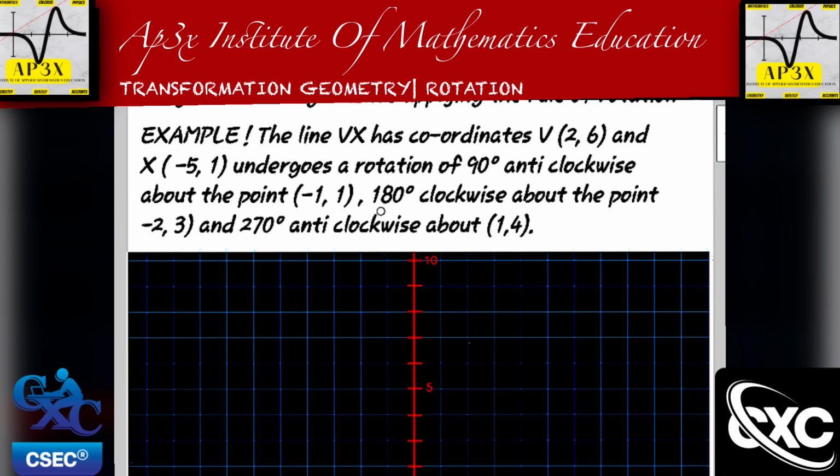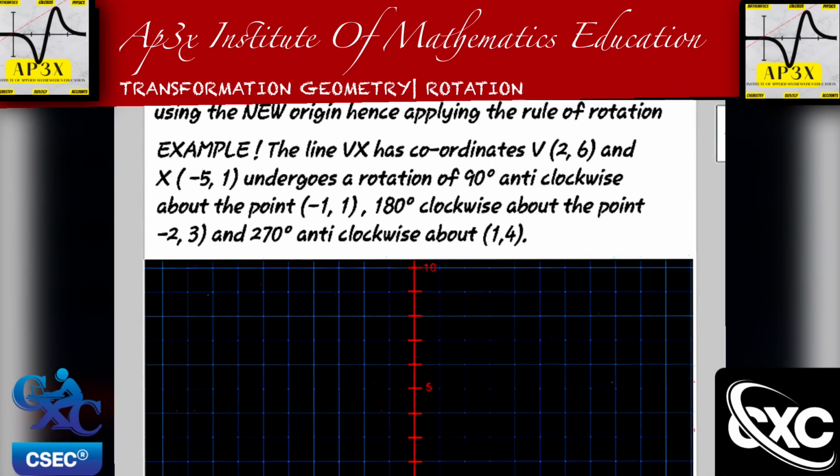It also undergoes 180 degrees about the point (-2, 3), and then of course it undergoes, say here, 270 degrees anticlockwise about the point (1, 4). So now I have one line being rotated through 3 different angles about 3 different points. So I'm going to be using this one graph here to demonstrate all of this.